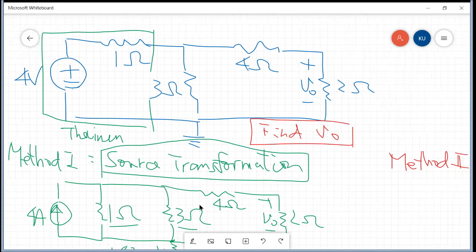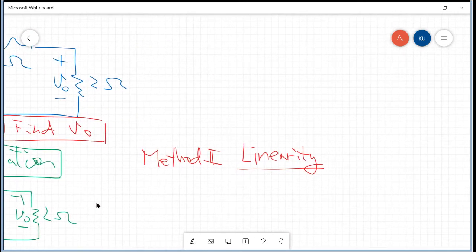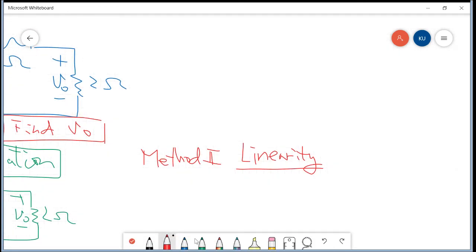Let us quickly redraw exactly the same circuit again.